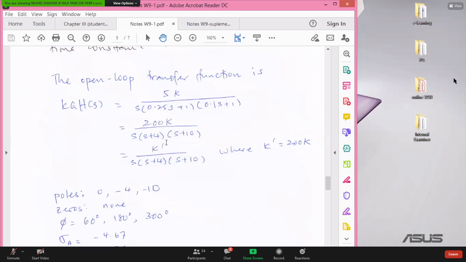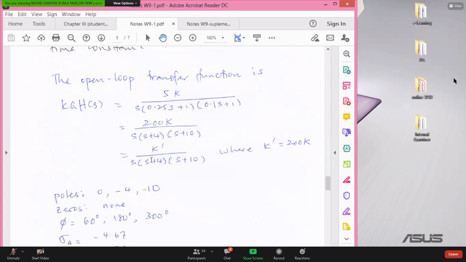So now we are going to draw the locus diagram where K prime is equal to 100K, when K prime starts from 0 to infinity. To draw the locus diagram, we need to go through all the nine steps that we have discussed before.